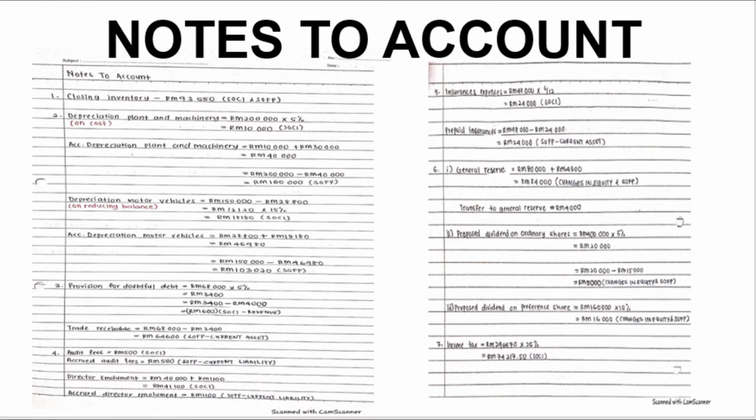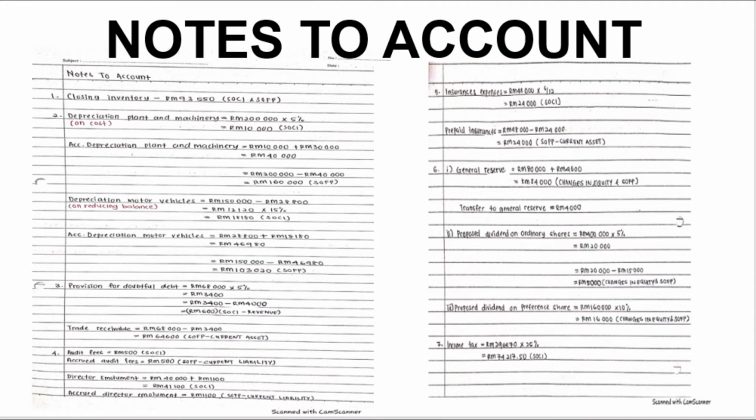Here is something to explain. Remember the adjustment to provision for doubtful debt. How do we record it? If the adjustment of the new provision for doubtful debt has increased, it goes under other expenses, and if it has decreased, it goes under income or revenue.